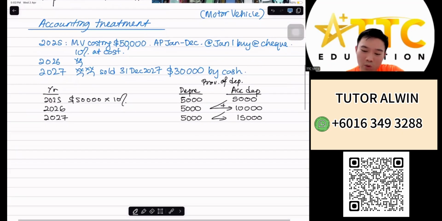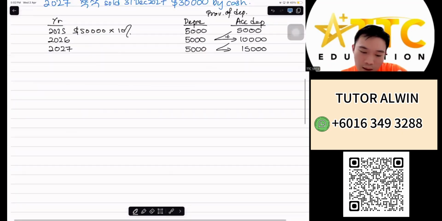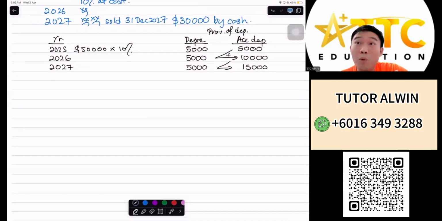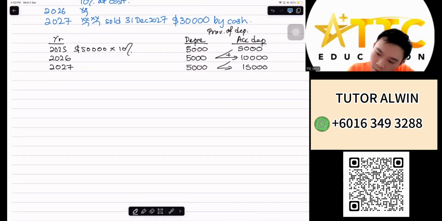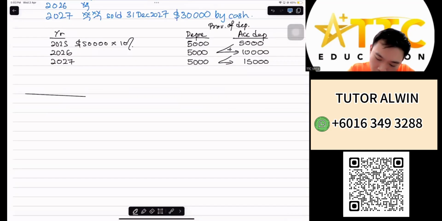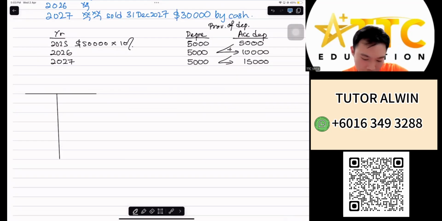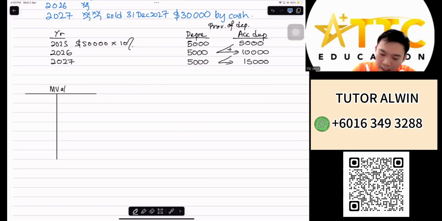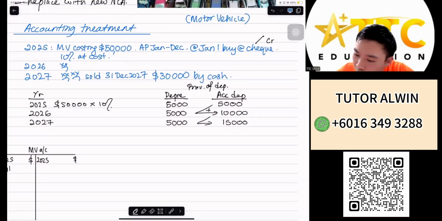Now I will open up all the T accounts, starting with the T account for your motor vehicle. The motor vehicle account is all at cost. You buy it by cheque, so money goes out, bank is credited, and you debit your motor vehicle because the motor vehicle comes in.